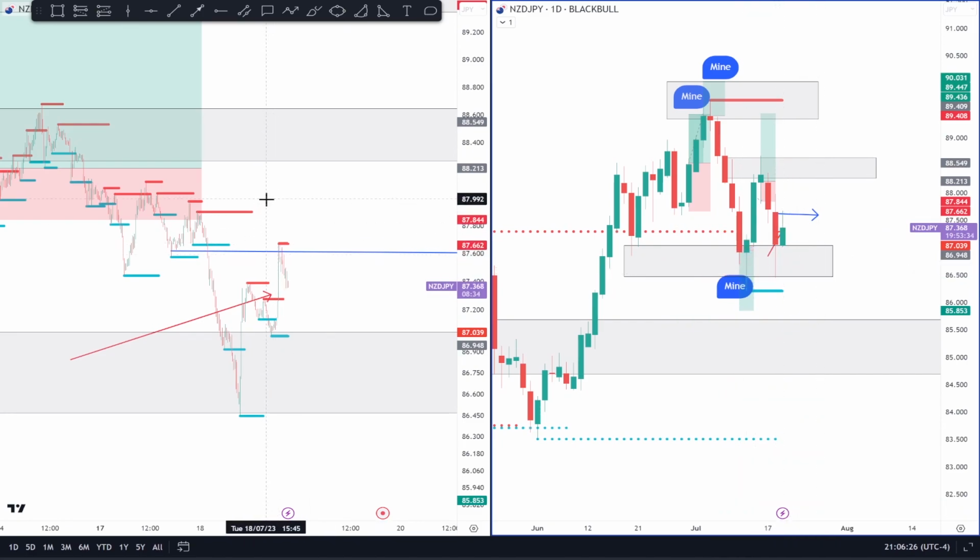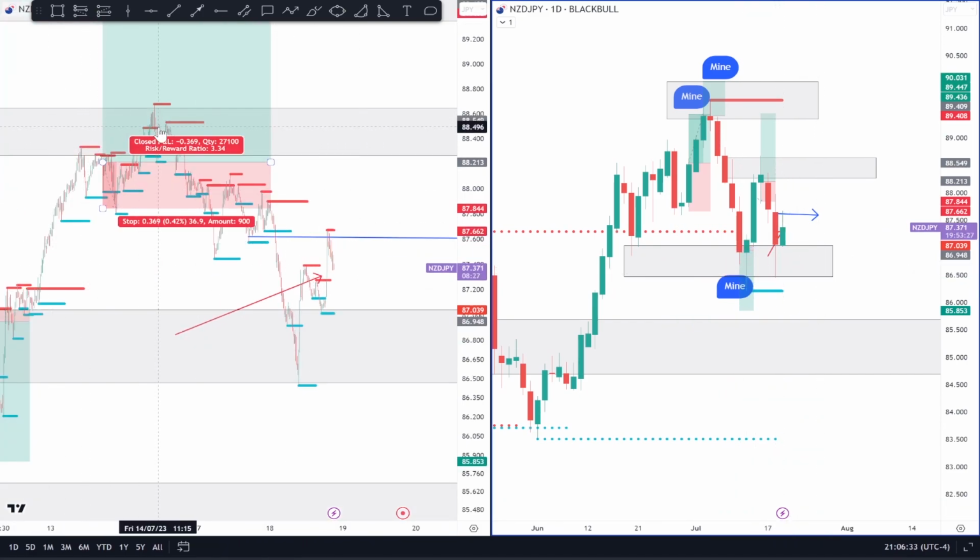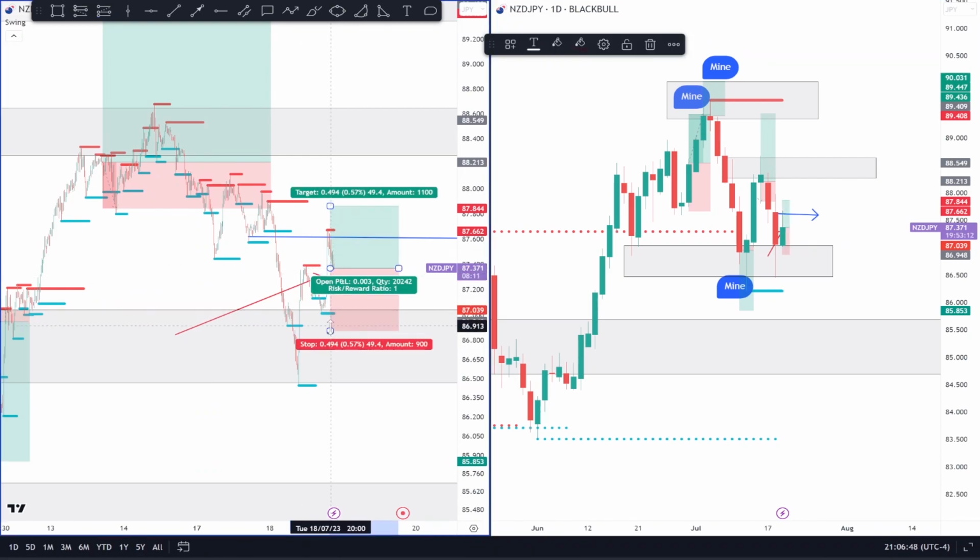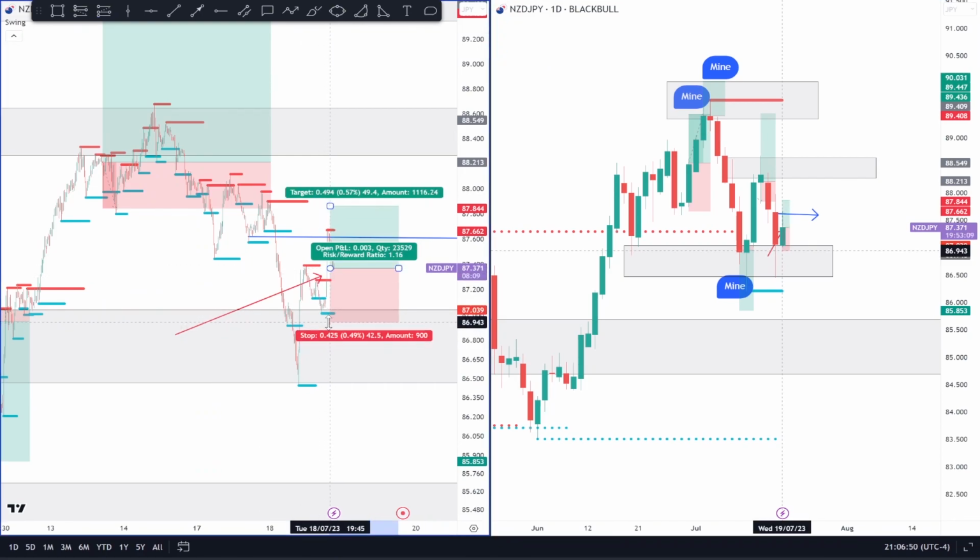In terms of teams strategy on 15 minutes, push down, pull back. It's not a very nice looking trend, but it did break the previous structure. So right where it is now, we can enter a buy just below this previous push started and up to say 1 to 2.